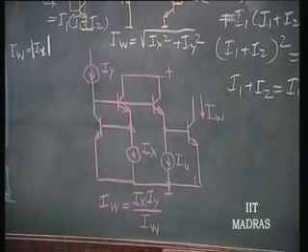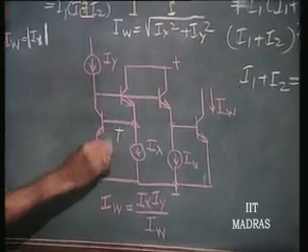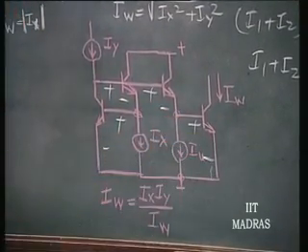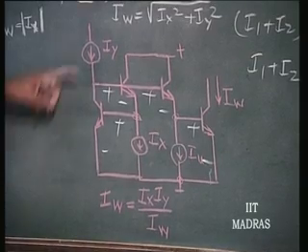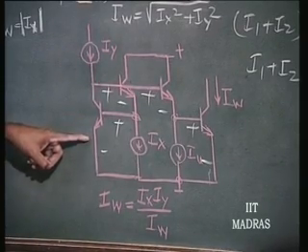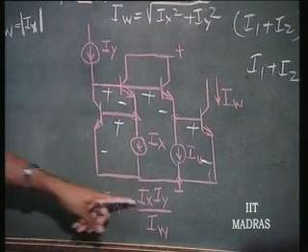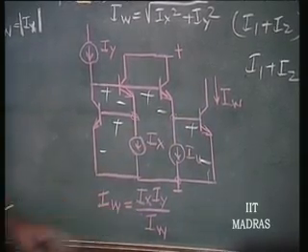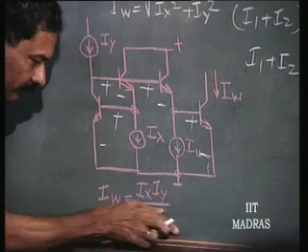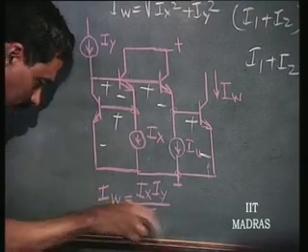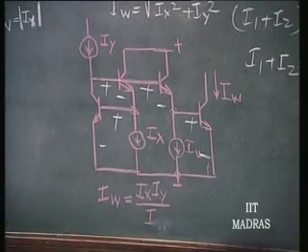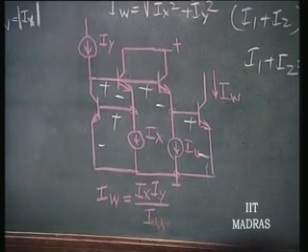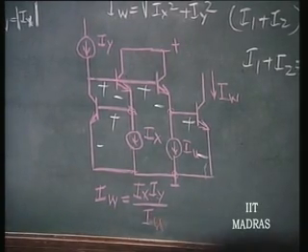So, one such technique of multiplication is this. Let us see. You can see that this plus this is going to be equal to this plus this, correct. So, this is Iy, this is Ix. So, Ix into Iy is equal to Iw into Iu. Iu could be the reference current.